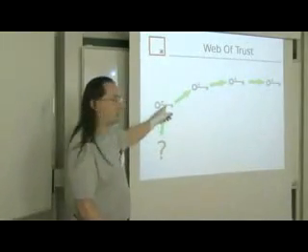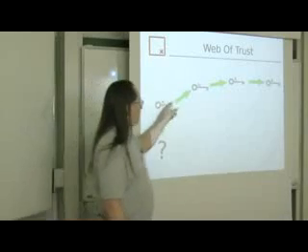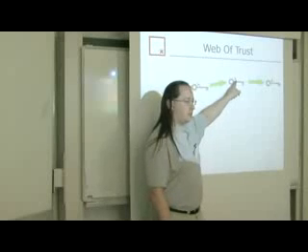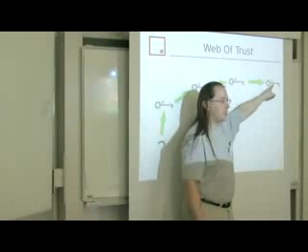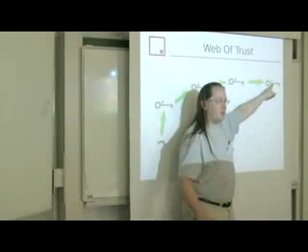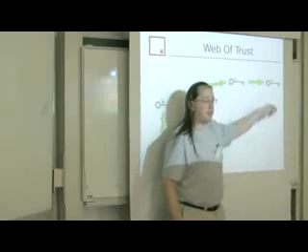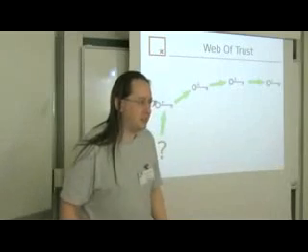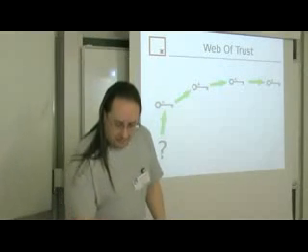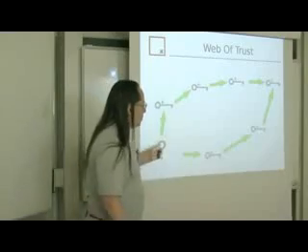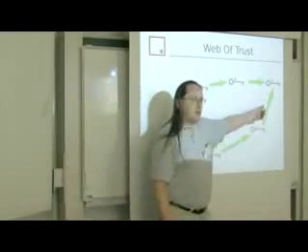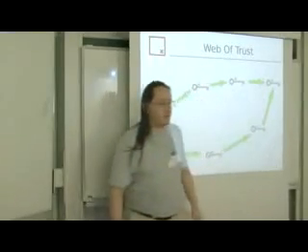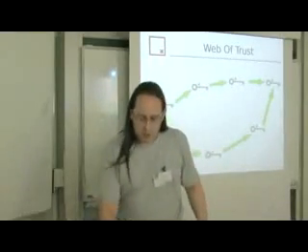So I've said, yeah, I trust this person to sign a key. They've said they trust this person to sign a key. They've said they trust this person. They've said they trust this person. So, yeah, maybe I could trust that this key is actually valid. Kind of a friend of a friend sort of thing. But then what if there's another set of people who've done the same thing, so that I've got two paths?